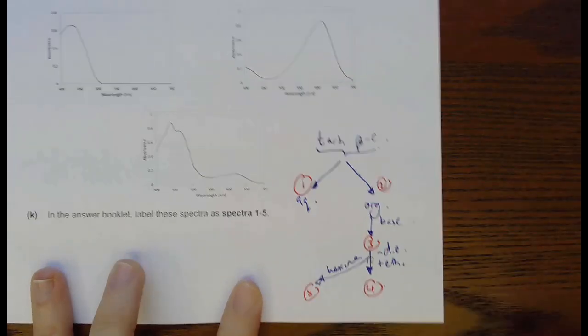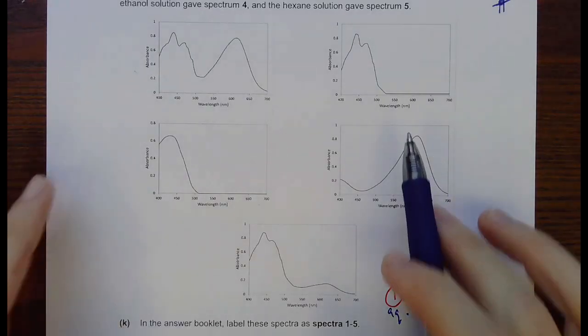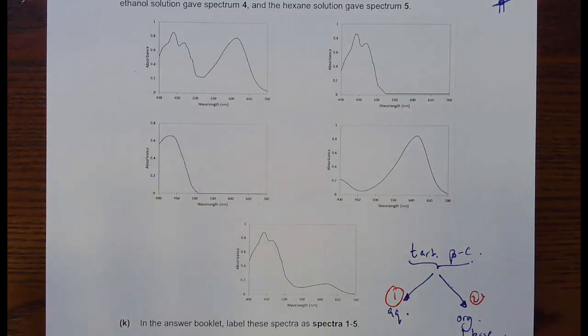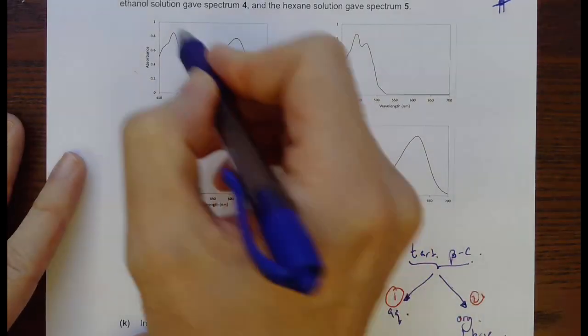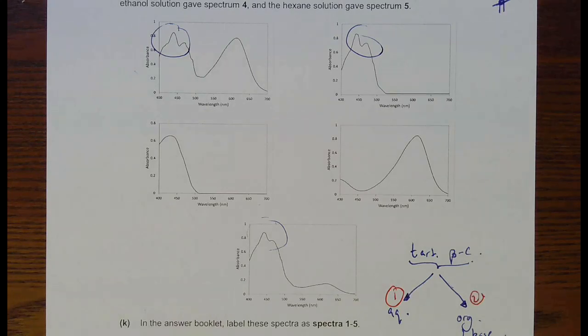So let's look for 3 spectra, and this is the part that completely went over my head when I did it the first time: looking at the shapes of these. Now that I know I need to look at the shapes, it's obvious, right? I can see that these are all similar.